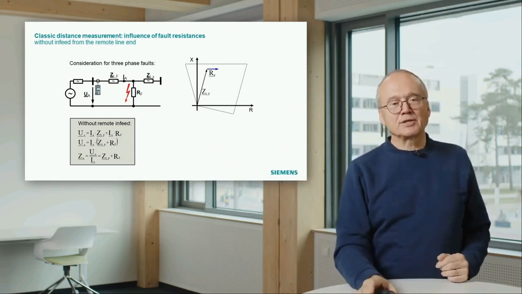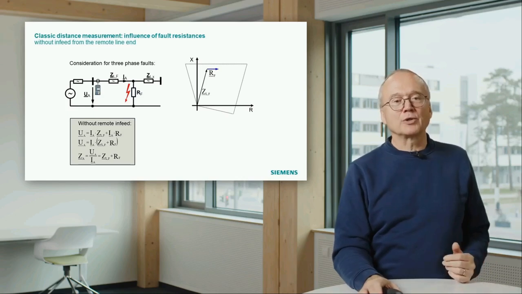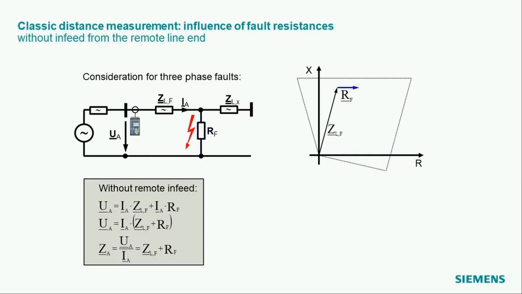Then it is pretty simple. We can write down the equations of this circuit. The impedance we can calculate by dividing the voltage by the current is the impedance of this piece of the line between relay and the fault plus the fault resistance.